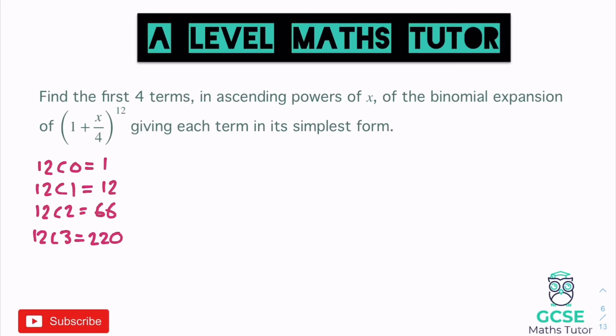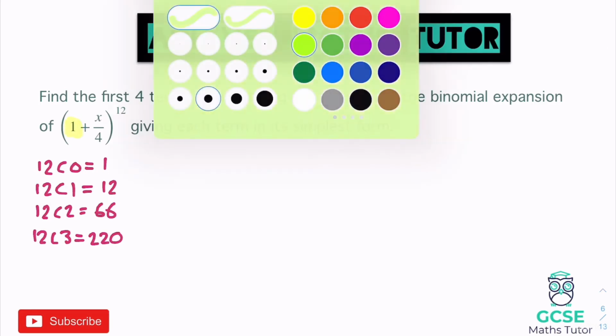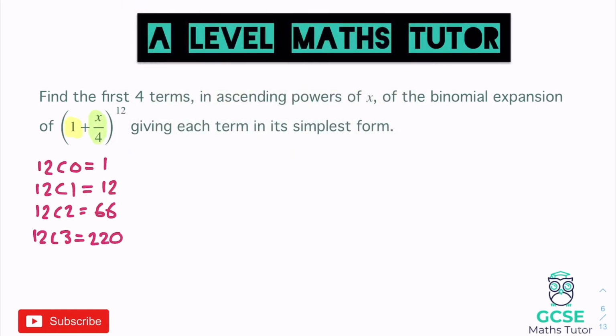So we have 1 lot of, and again our pieces are 1, and we have positive x over 4. So we've got 1 lot of the 1 to the power of 12. We're going to add to that. Just moving down our list here. Now we're on the 12 lots. So we have 12 lots of 1 to the power of 11. And we have the x over 4. There we go.